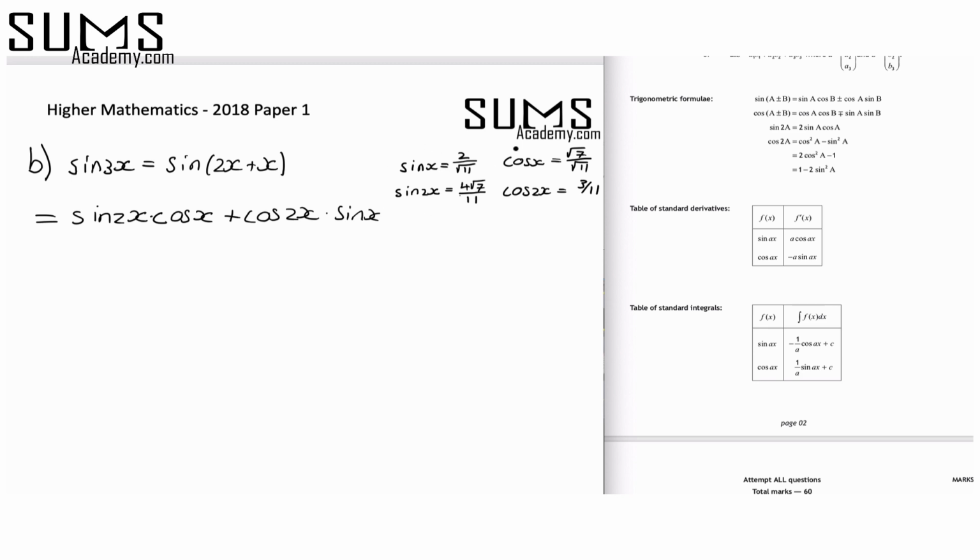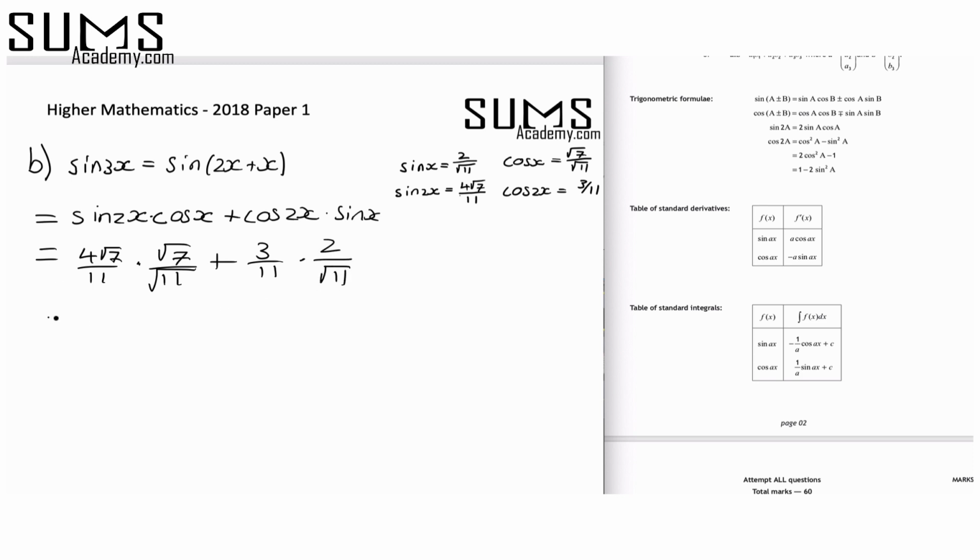And we have all this information from the previous part of the question, so all we need to do now is sub it in and simplify it. Sine 2x is 4 root 7 over 11, cos x is root 7 over root 11, cos 2x is 3 over 11, and sine x is just 2 over root 11.